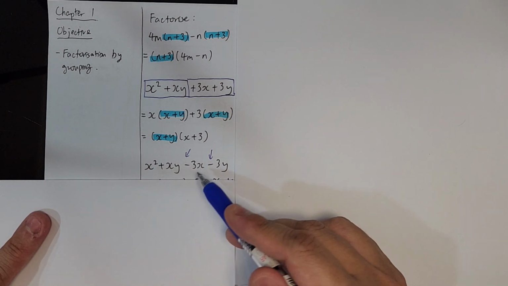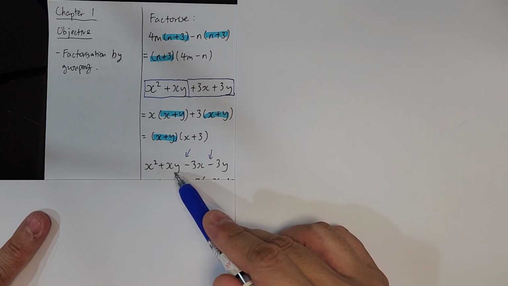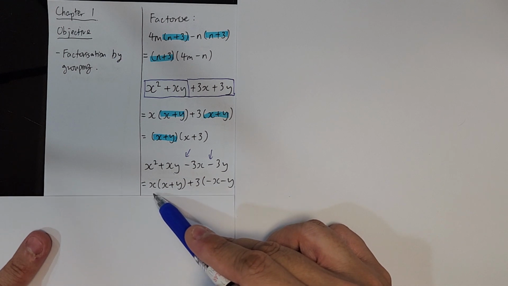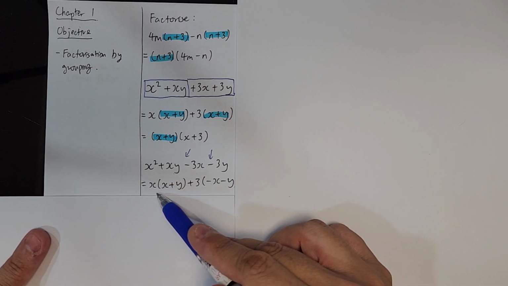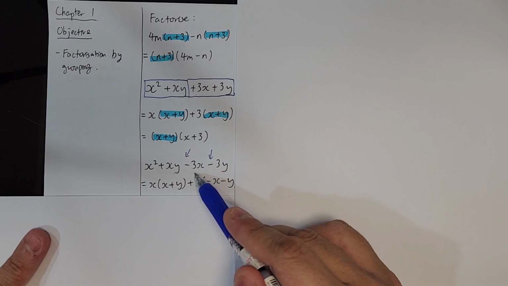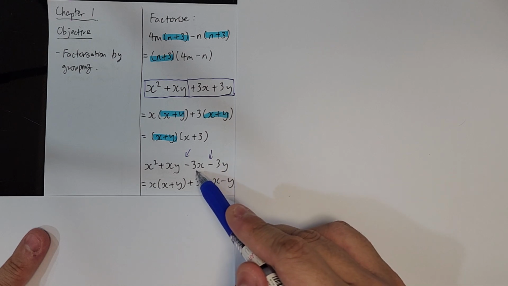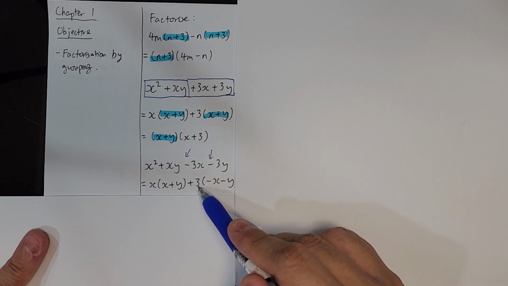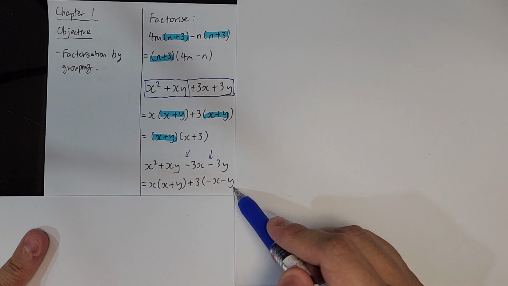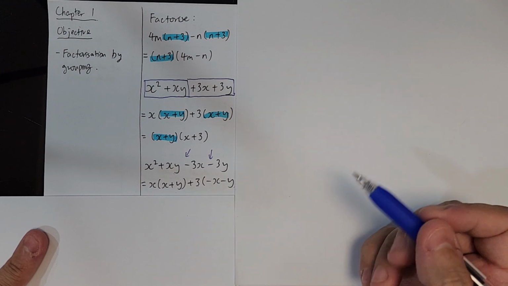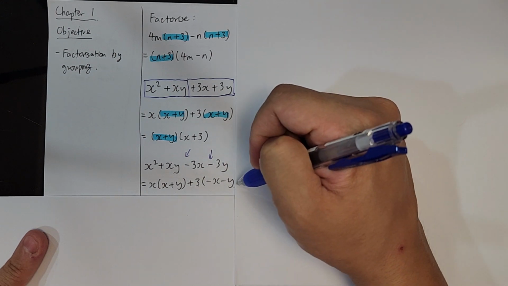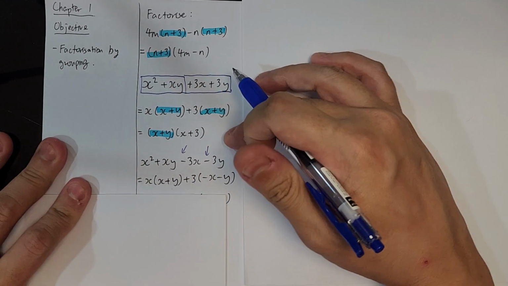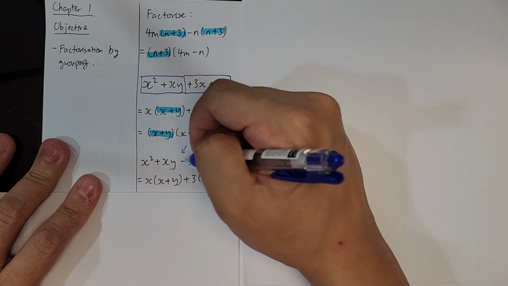Same thing. The first 2 terms, x squared plus xy, I factorize them and get x open bracket x plus y. The third and fourth terms have a common factor of 3. I factorize out 3, and inside the bracket we'll have negative x minus y. How do I remember whether it is negative or positive?